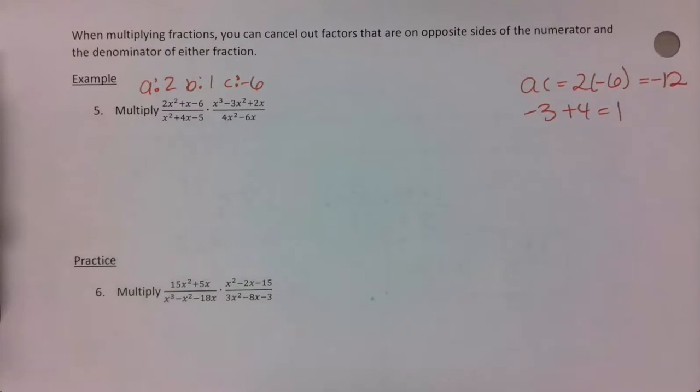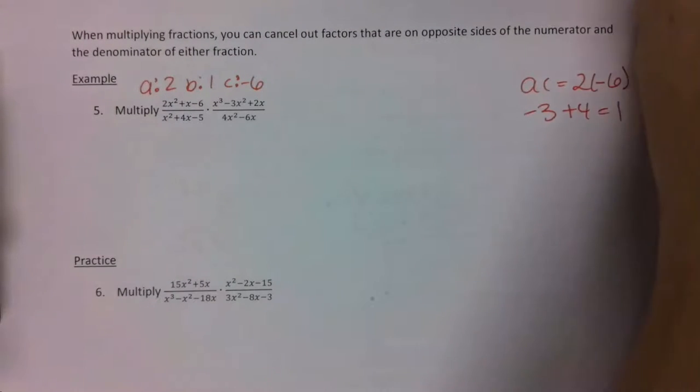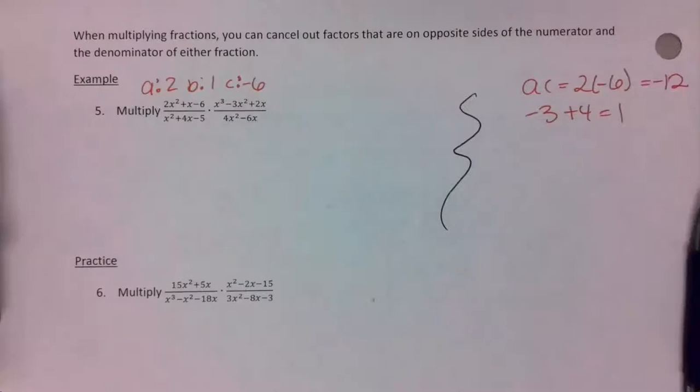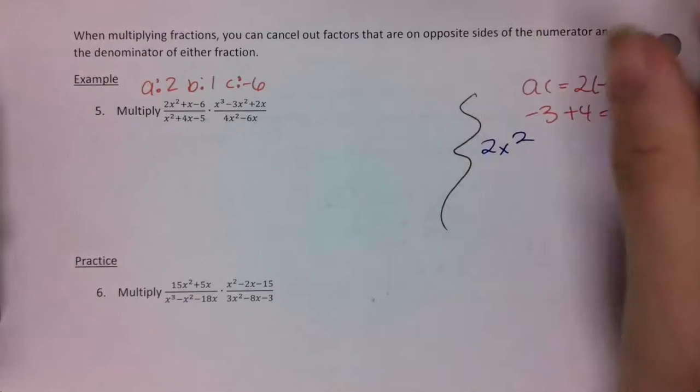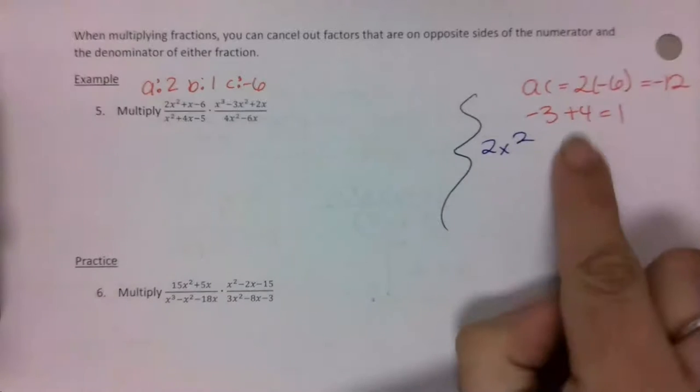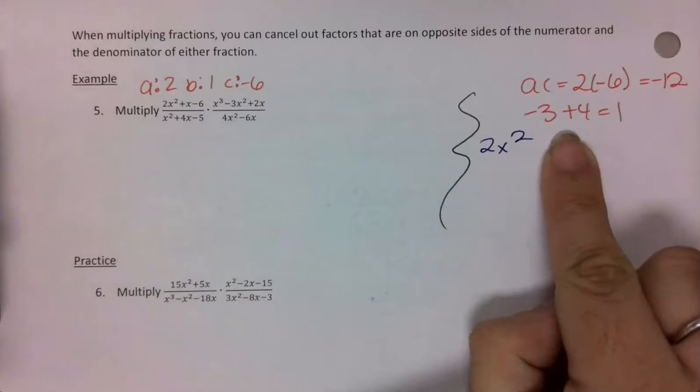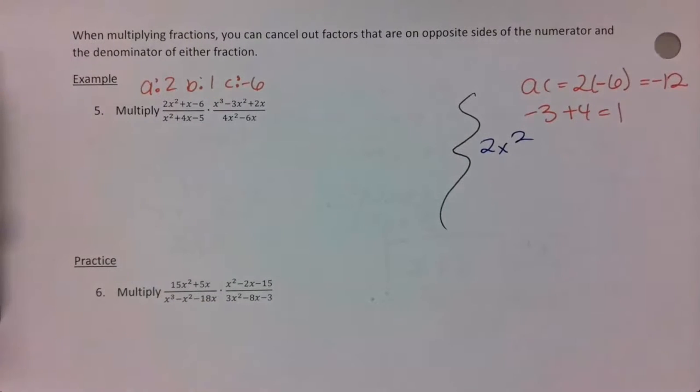Okay. So then I want to split up, I'm going to do my work off to the side. I want to split up my numerator. So it's going to be 2x squared. Do you want the negative 3 or the 4 to go first?